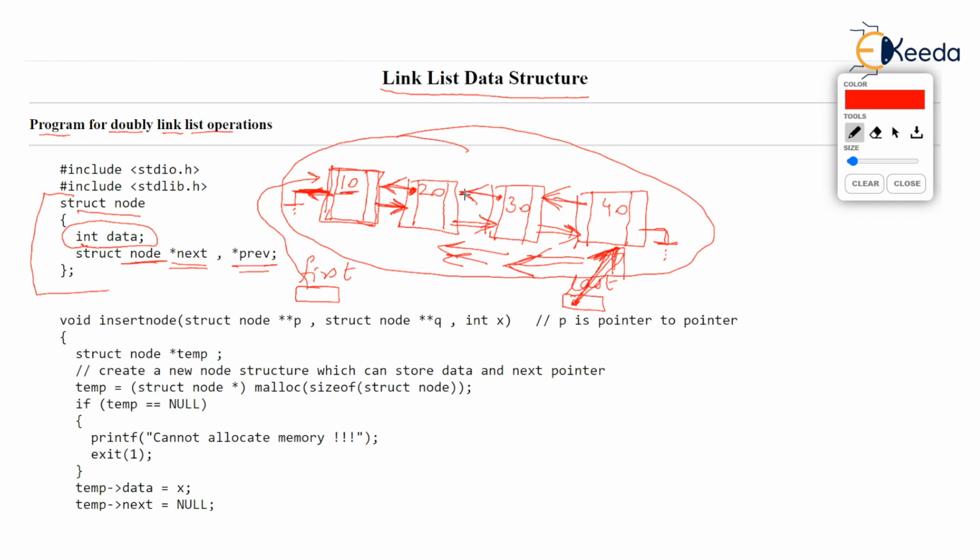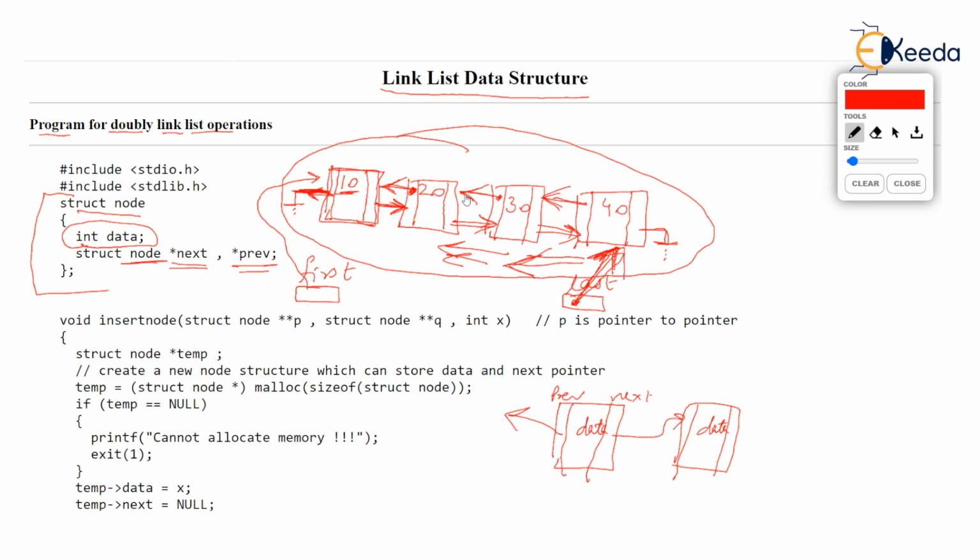So if you imagine the node structure, just check this diagram. There are three members. The first one is data, the other one is a prev pointer, and one more member is the next pointer. Now the next pointer can point to any node, and the prev pointer can also point to any node, such a node which again stores data and has two pointers, prev and next. I hope you are understanding.